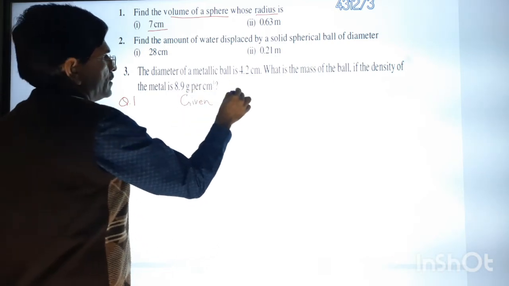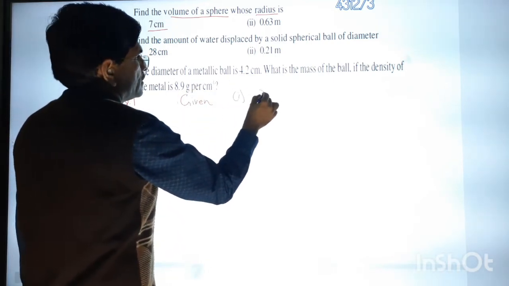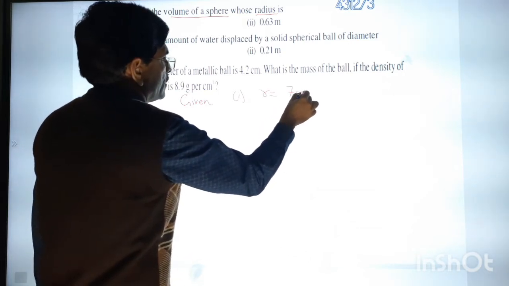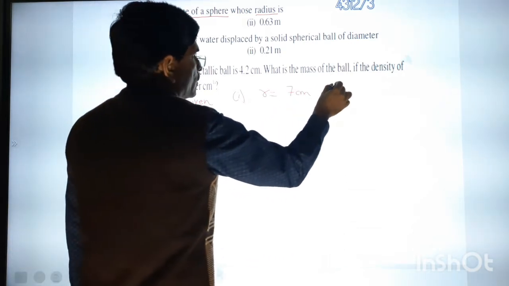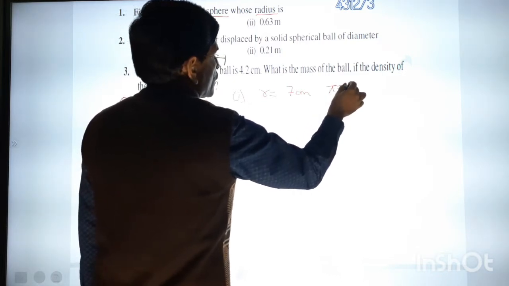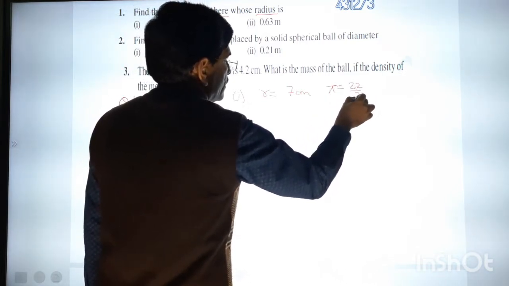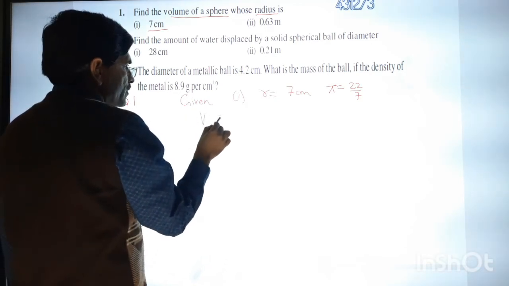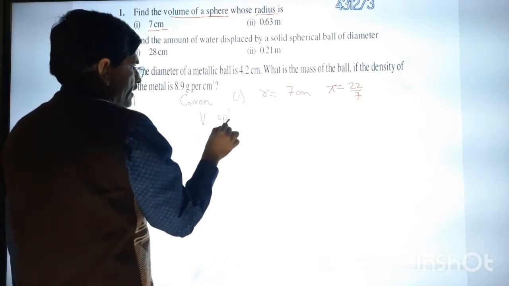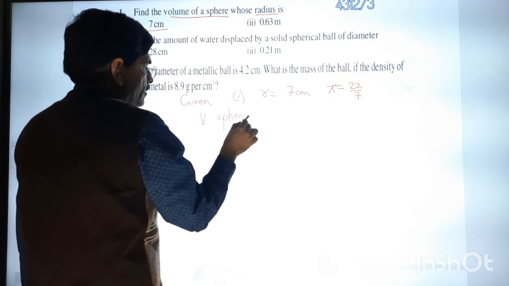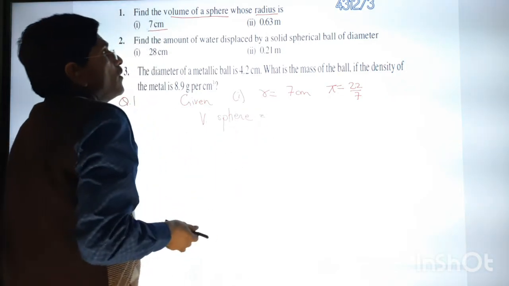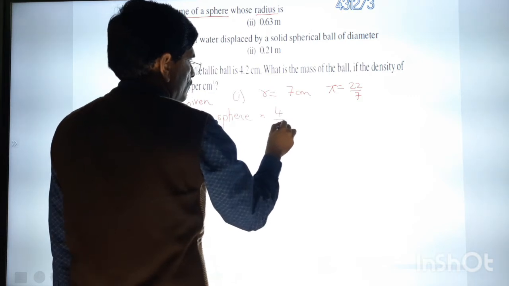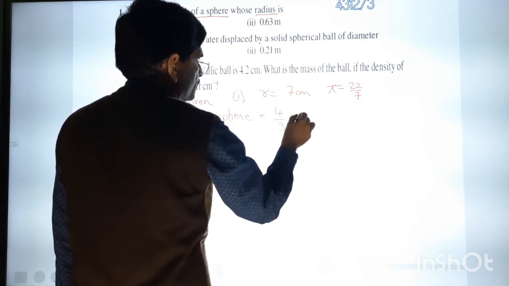Radius r is equal to 7 centimeter, pi is equal to 22 by 7. Volume of sphere is 4 by 3 pi r cube.